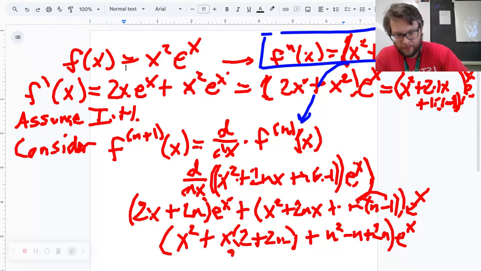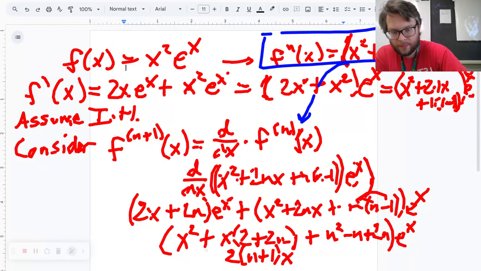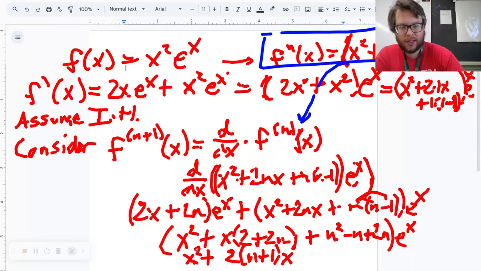This middle term becomes 2 times n plus 1, which is what I wanted. And that's an x right there. X squared is just hanging out. And this n term, if you combine the negative n and the 2n, you get a positive n, becomes n times n plus 1.